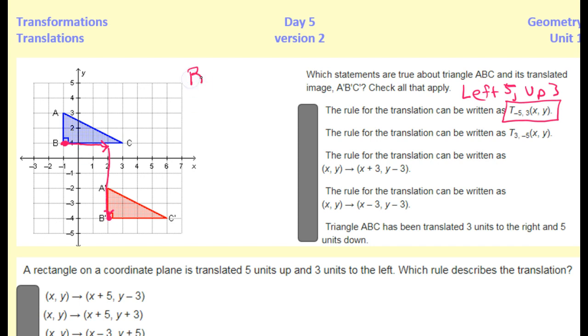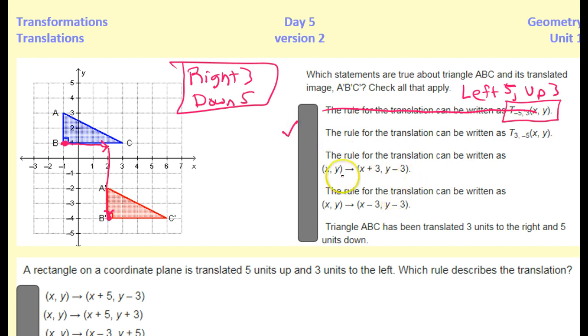Okay, we have to go right 3 and down 5. So we're looking for the different ways to write a translation that mean this. So this means left 5 up 3, so that's not it. Okay, now this one means right 3 down 5. So that is one correct answer.